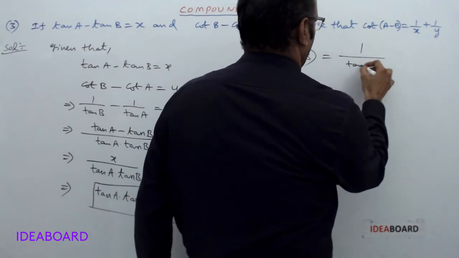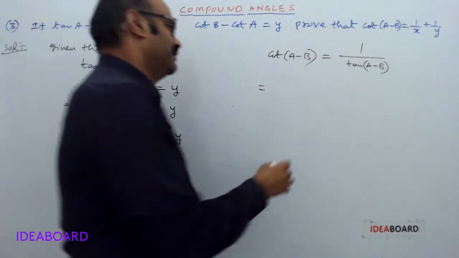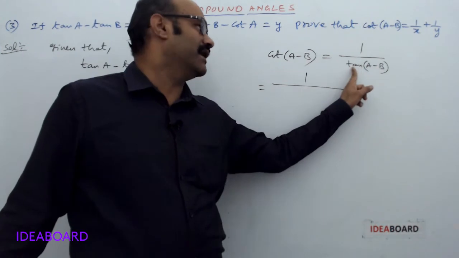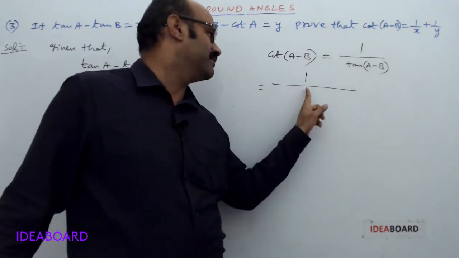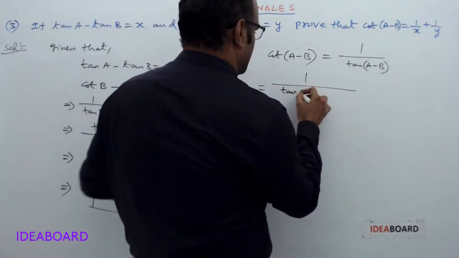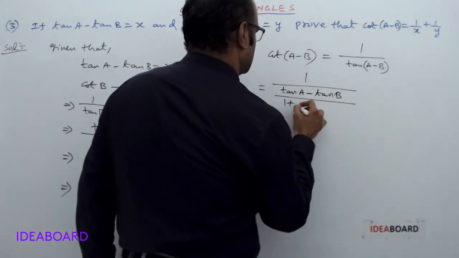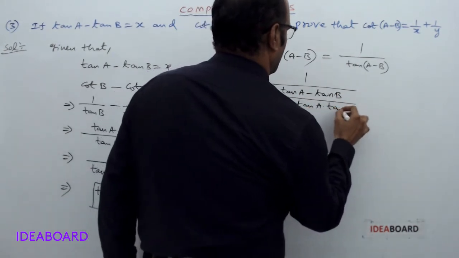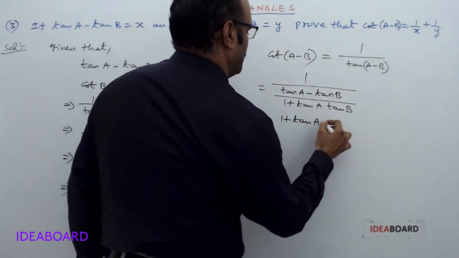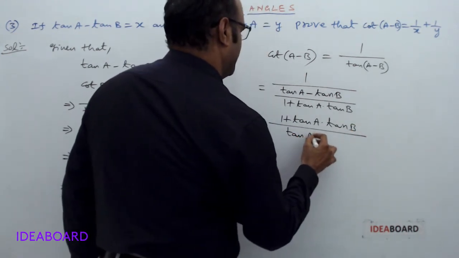The tan of a minus b formula is tan a minus tan b by 1 plus tan a into tan b. So 1 by that equals 1 plus tan a into tan b whole by tan a minus tan b.